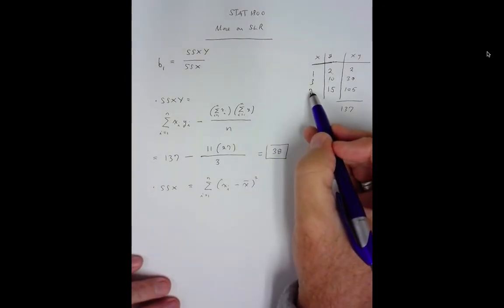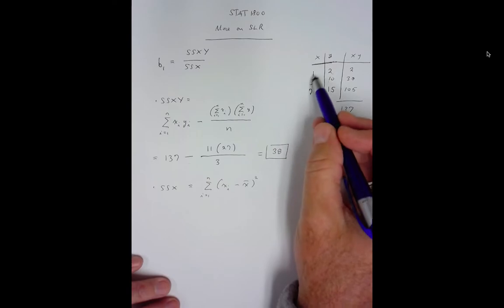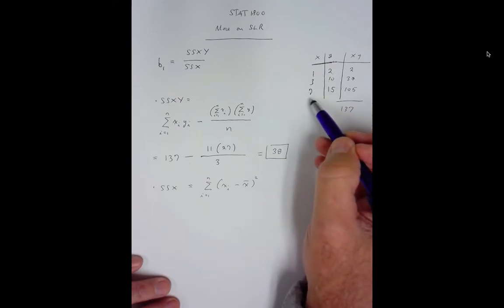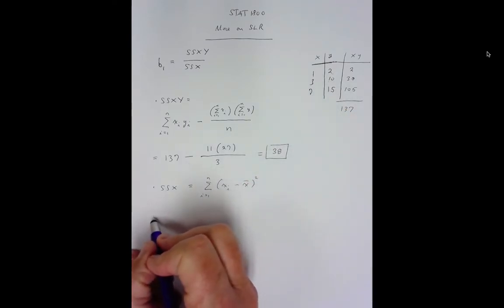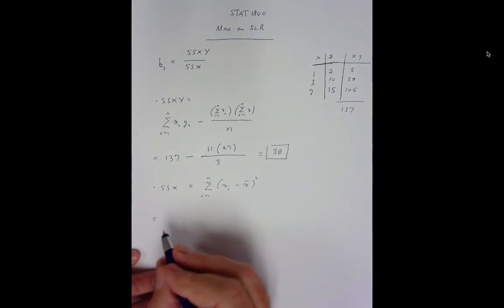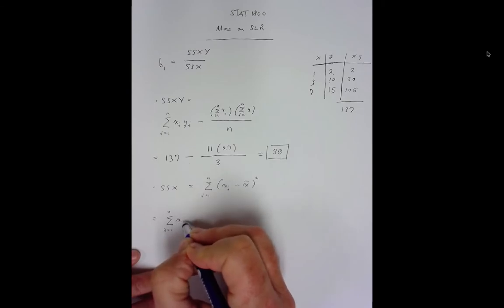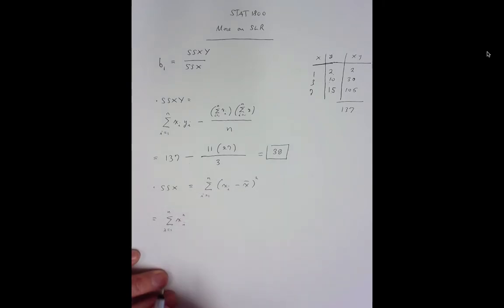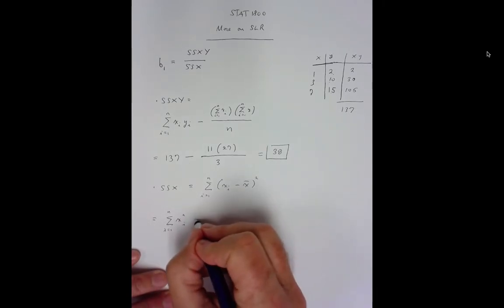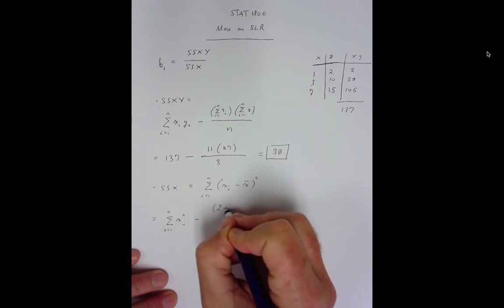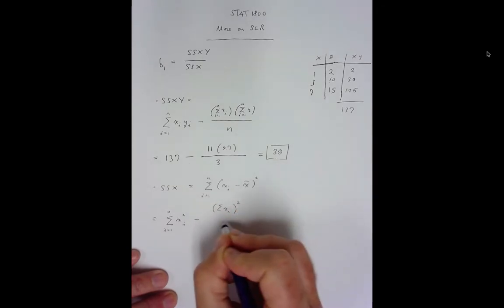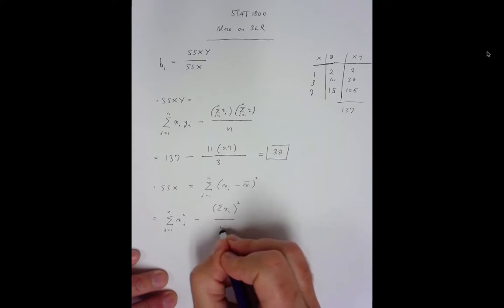Now we get into a little weirdness here because 11 divided by 3 doesn't turn out to be a nice, neat number. So there is an alternative form. And that's found by taking, from i equal 1 to n, the x's squared, so sum those up, minus the sum of the x sub i's quantity squared over n.